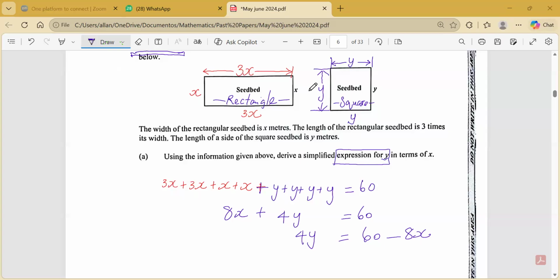Naomi. Yeah, Naomi, that's correct, although I would have liked to see how you worked it out. Jenny, where are you? Talk to me now. You have 4y equals 60 minus 8x. So what will you do next? Beautiful, Sienna. Correct.